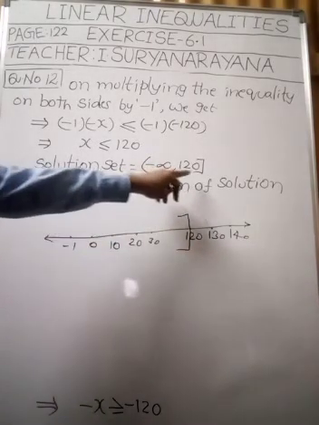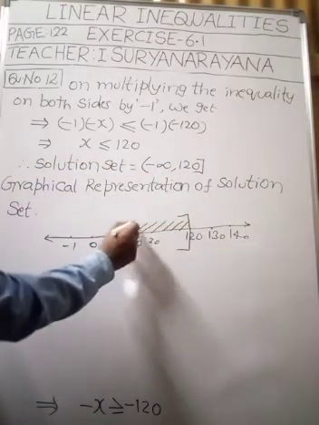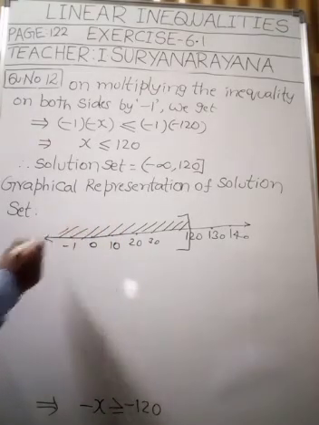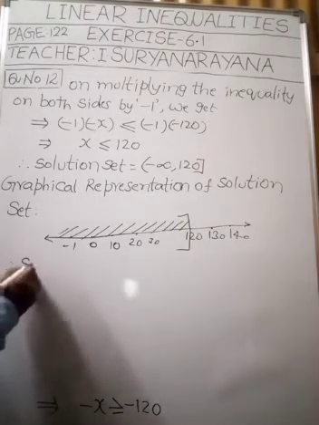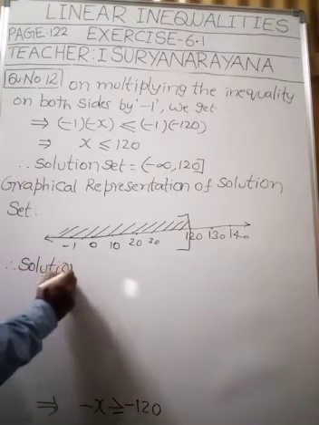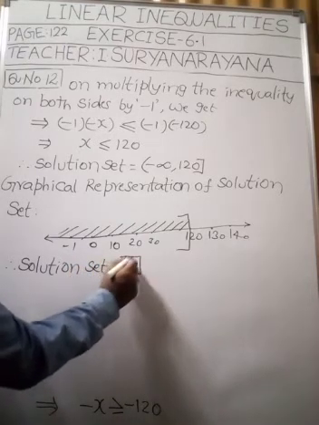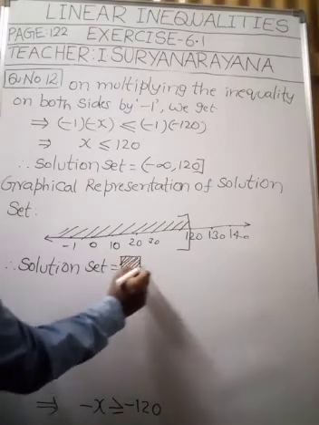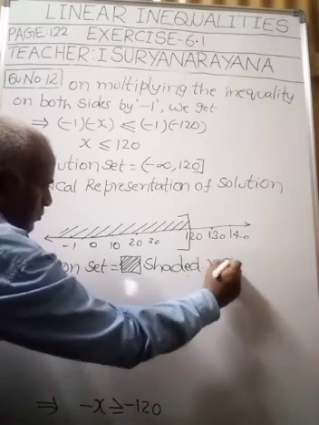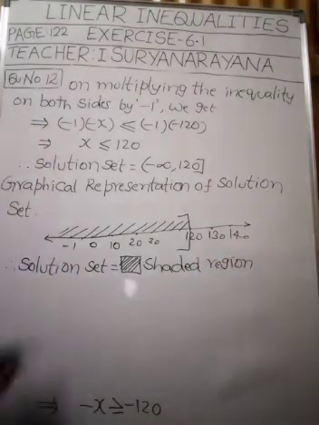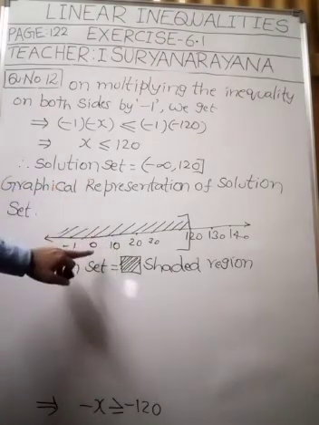So we have to use this closed bracket. So this set of real numbers is a solution set. Therefore solution set, so this is slant lines shaded region denotes the solution set of the given inequality.